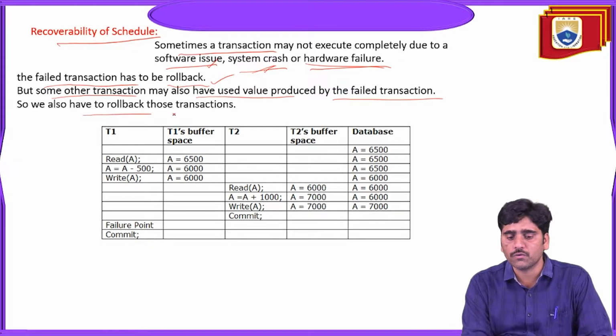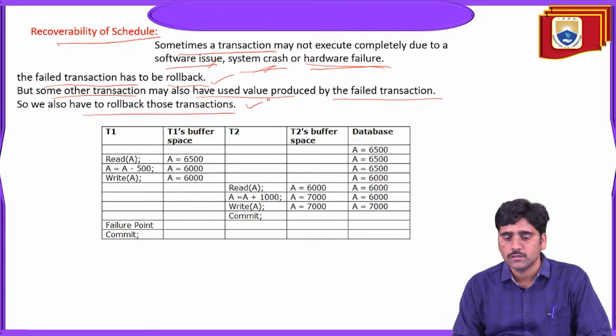We also have to roll back those transactions. The transactions are dependent: if any one of them fails, the other may get affected, so we have to roll back each transaction. That means you have to roll back both transactions.